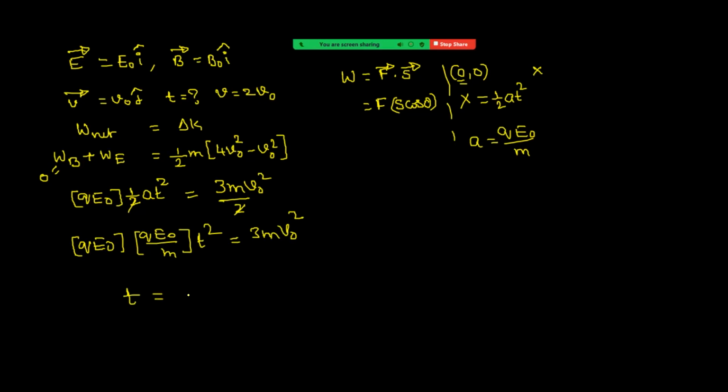So from this t value, root of 3 m into m square, it is root of m v naught square, it is v naught upon, what is left here, q square becomes q, E naught square is E naught. So t is root 3 m v naught by q E naught.